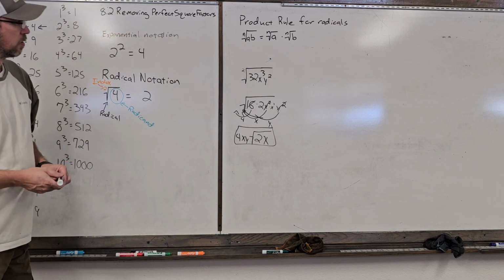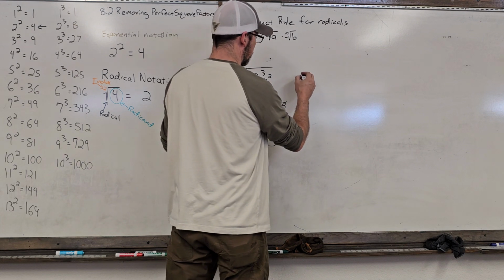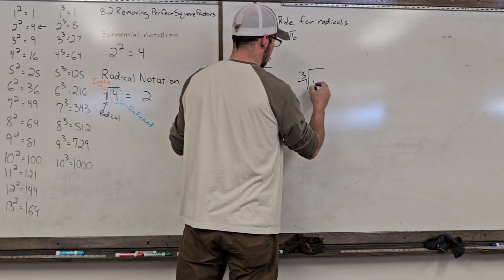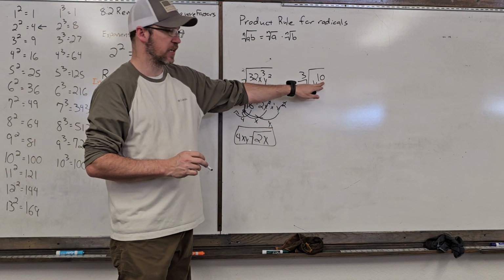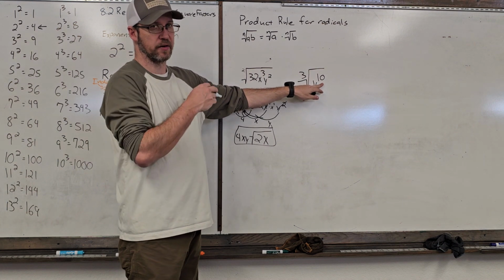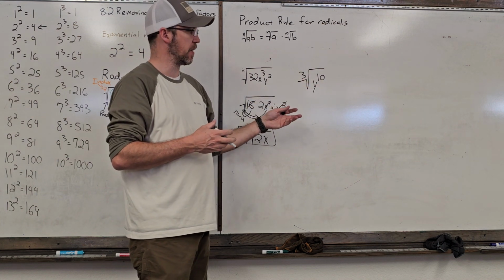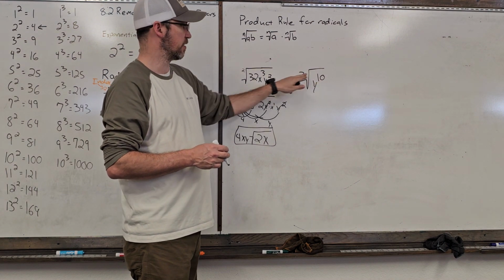All right. So on letters, let's look at another one. Let's do a cube root. Let's do like the cube root of y to the 10th. All right, I'm looking at the exponent. If 3 will go into 10, I just pull it out and divide the 10 by 3, but 10 doesn't divide by 3. What's the biggest number smaller than 10 that is divisible by 3?